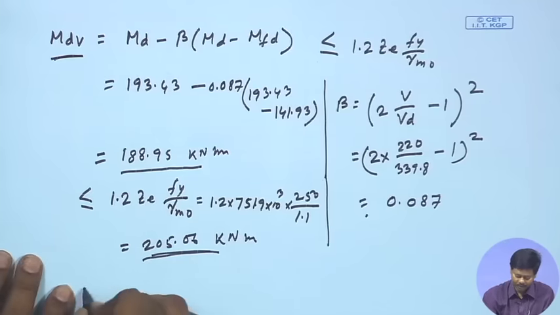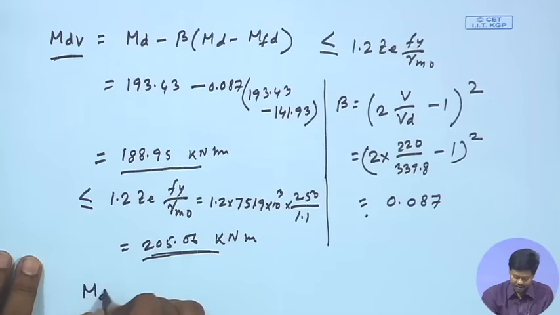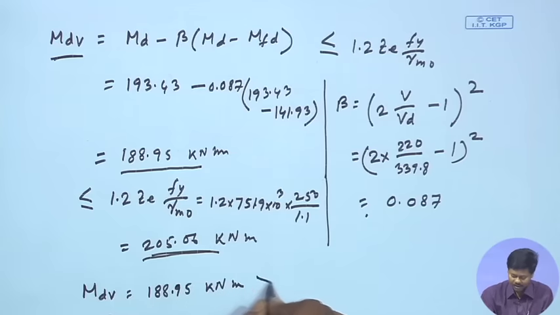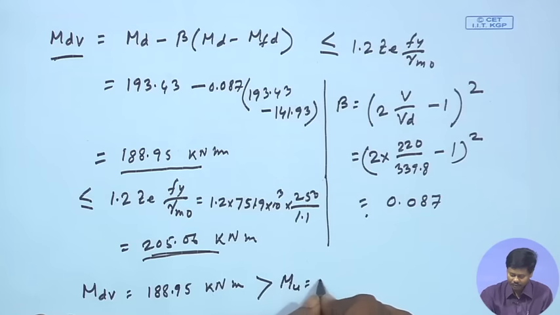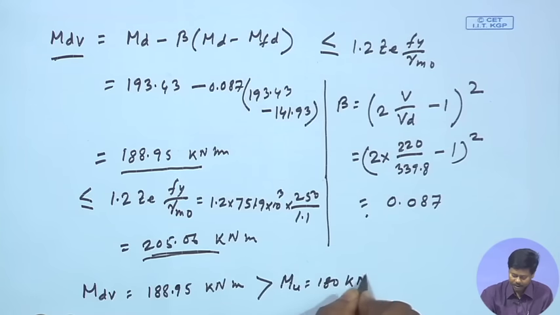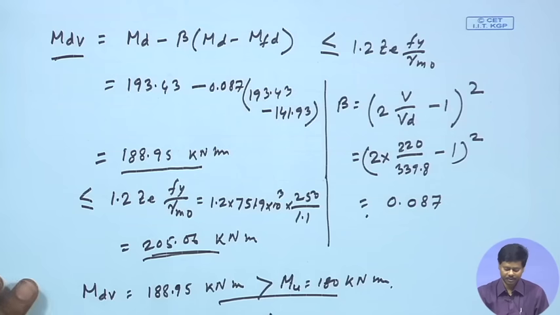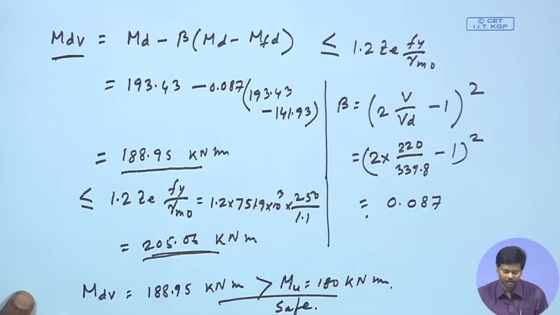So, finally, we can consider the MDB value as 188.95 kilonewton meter, right, and it is greater than the design factored moment, which is 180 kilonewton meter. So, I can say that the section whatever we have chosen is safe, right.